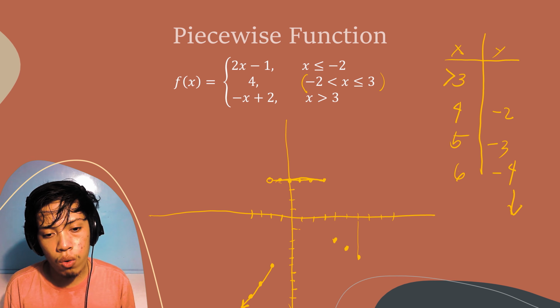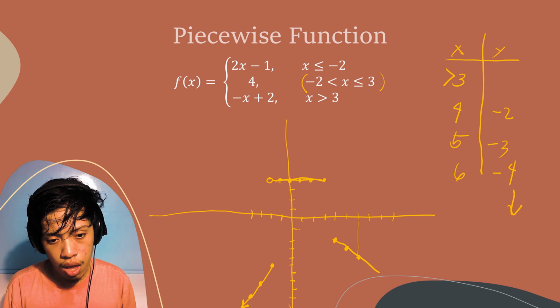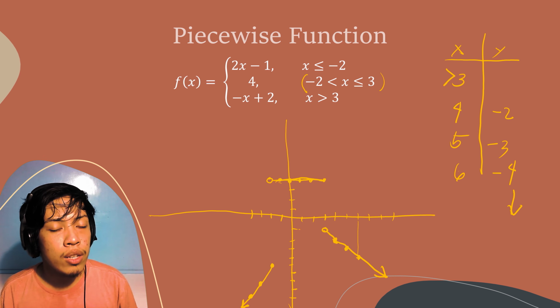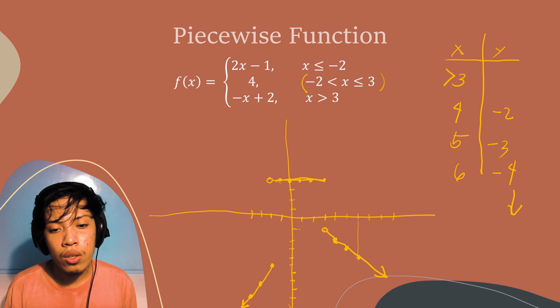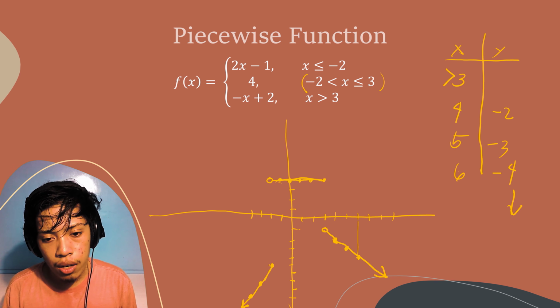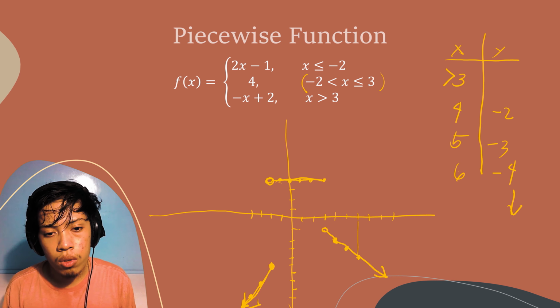Okay, and it will go on this way forever. Take note, 3 is excluded, so it's a hollow dot, because 3 is the starting point, but 3 is excluded. Okay, so your graph would look like this. Hollow, solid. This is hollow. This is solid. This is hollow.